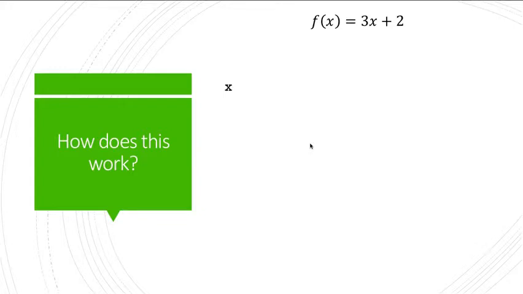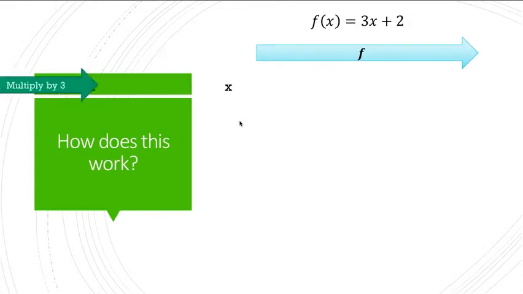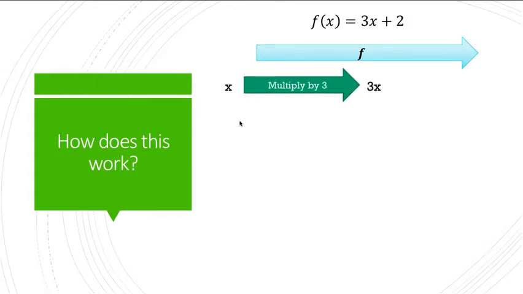So let's talk about how this works. If I have my function f of x equals 3x plus 2, that rule tells me to start with my x and first multiply by 3, which is where I get the 3x, and then add 2, which is where I get 3x plus 2.